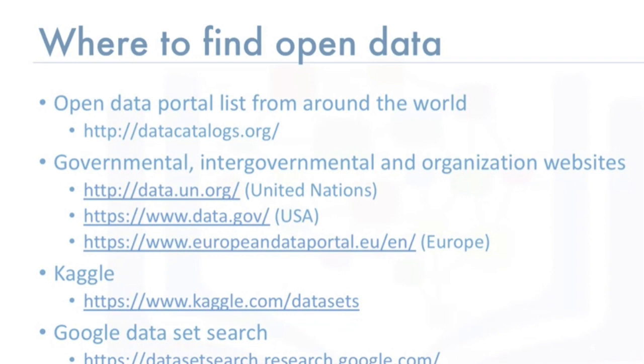This is a list of some of the sources where you can find data, and I highly recommend Kaggle as a source of data sets. You can go to this website and search for any discipline or topic you are interested in, and it can give you a list of related data sets that you can freely download and start pre-processing and building models on.